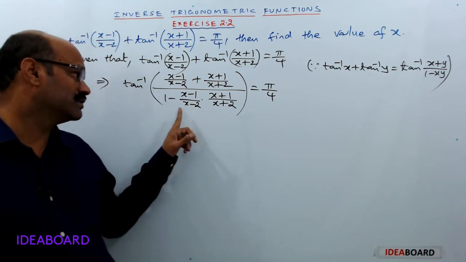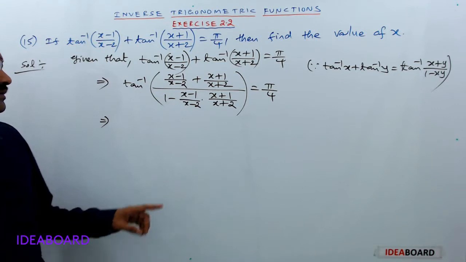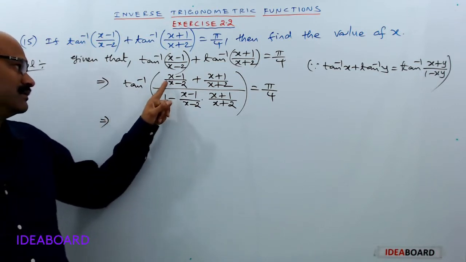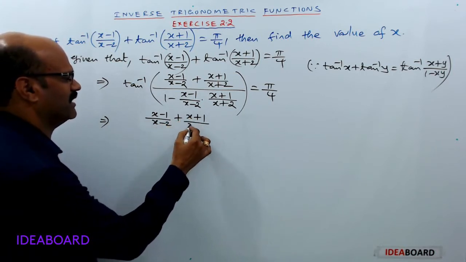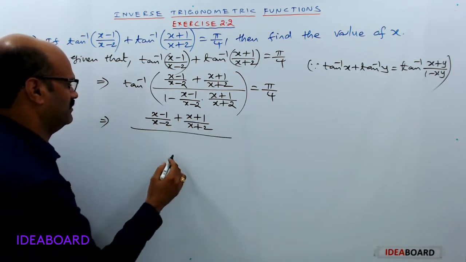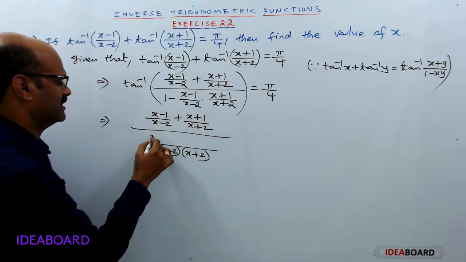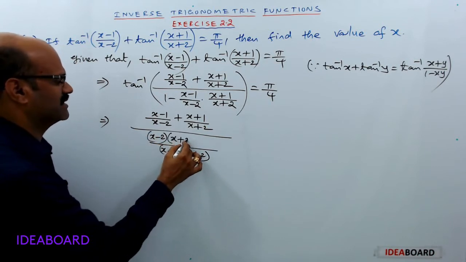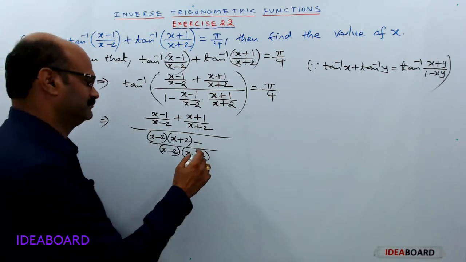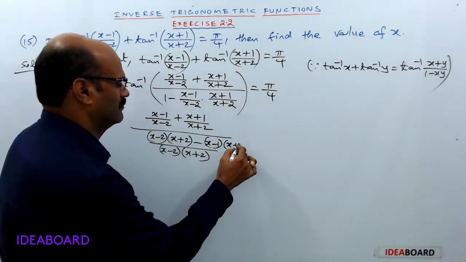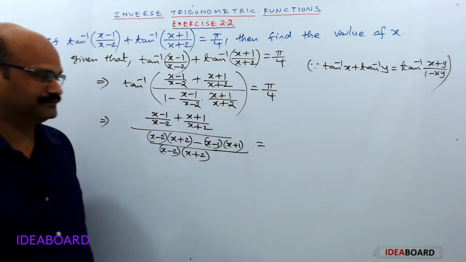Now it's equal to x minus 1 by x minus 2 plus x plus 1 by x plus 2 whole by, take LCM, x minus 2 into x plus 2 minus x minus 1 into x plus 1, equal to tan of pi by 4.